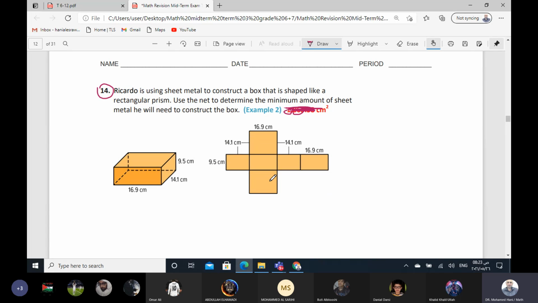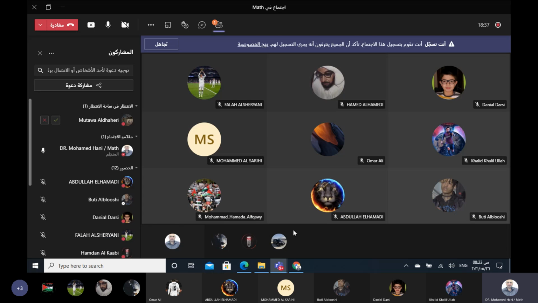Okay, who can tell me how to find the surface area here? What is the rule? How to find the surface area here? What is the rule?